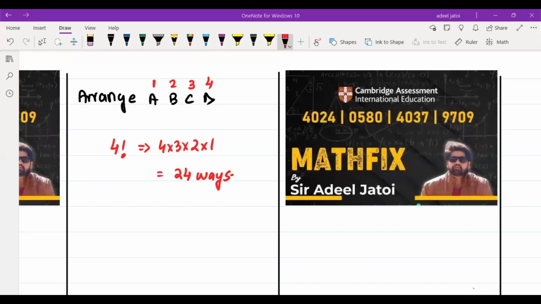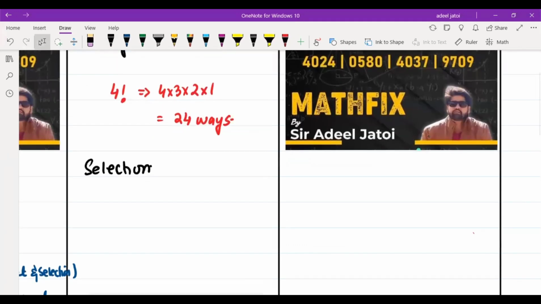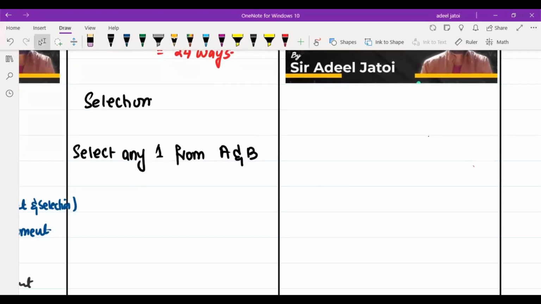So now let's work upon selection. Let's say select any one from A and B. I have two letters, and from these two I need to select one.